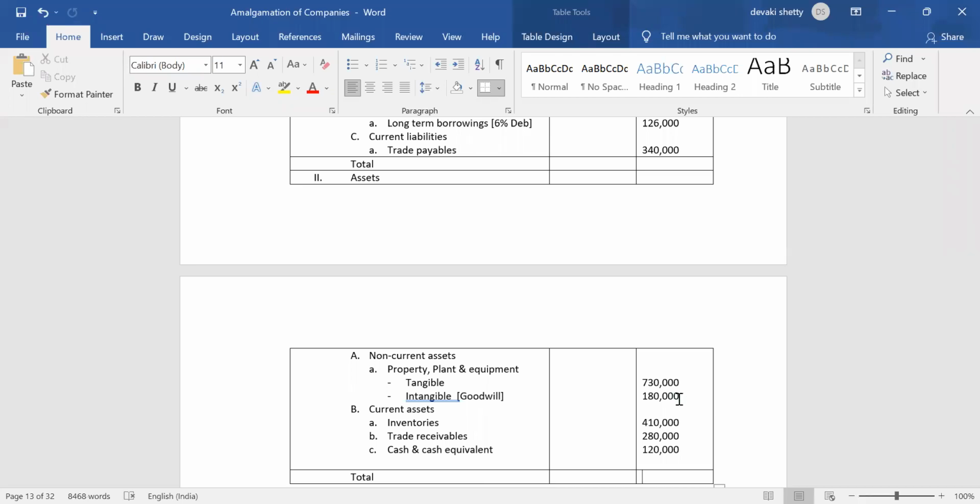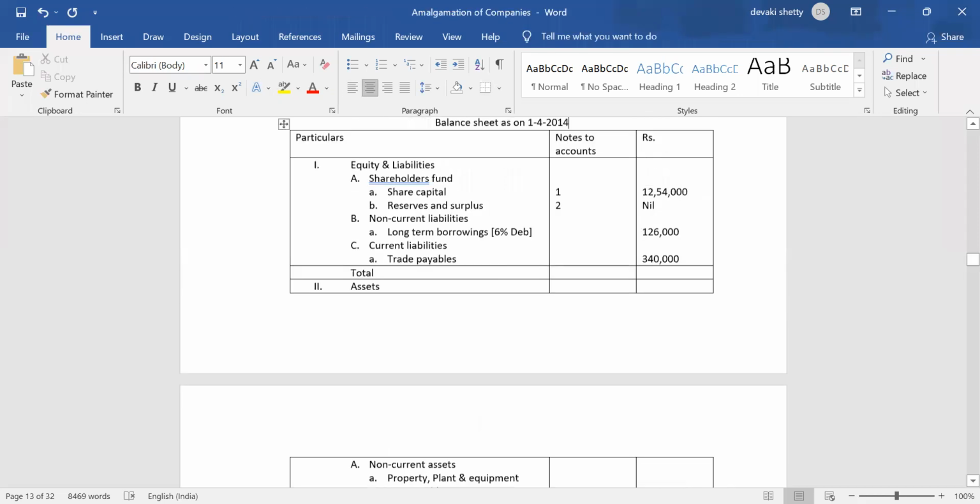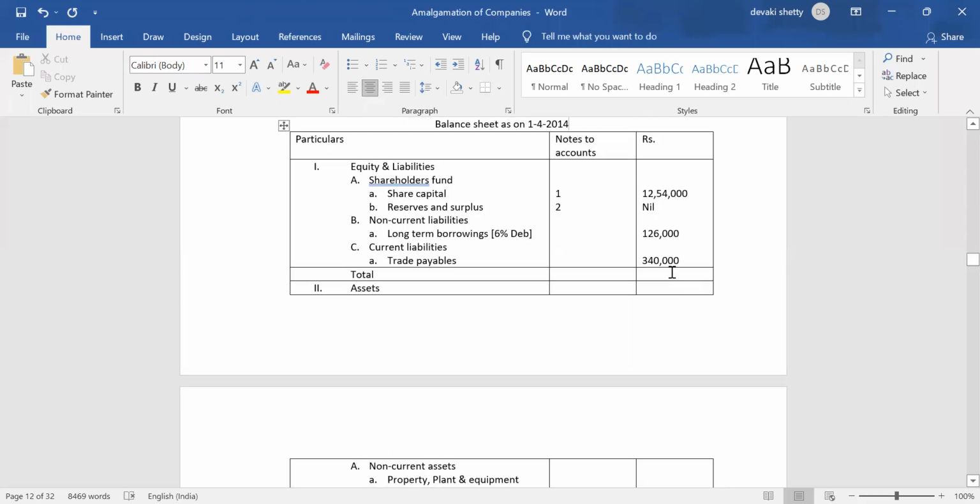So with this, we can write total and see how much is the total assets coming. 7,30,000, 1,80,000, 4,10,000, 2,80,000, 1,20,000. Is it coming to 17,20,000? Here also 12,54,000, 1,26,000, 3,40,000 is coming to 17,20,000.